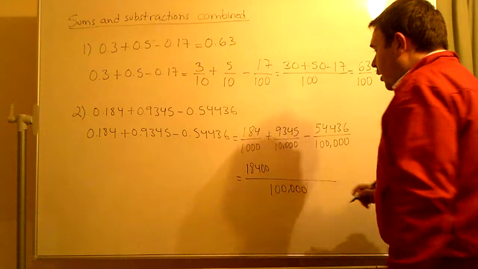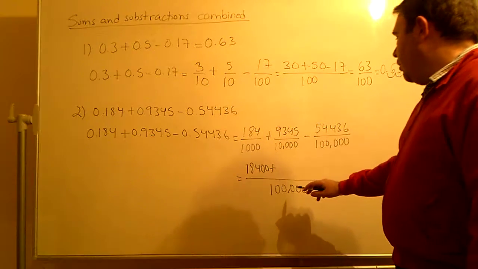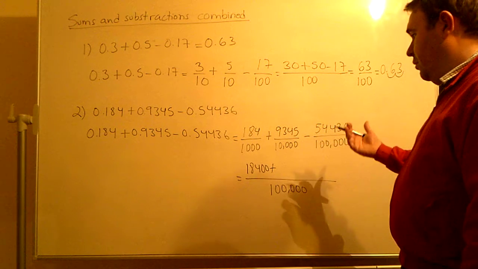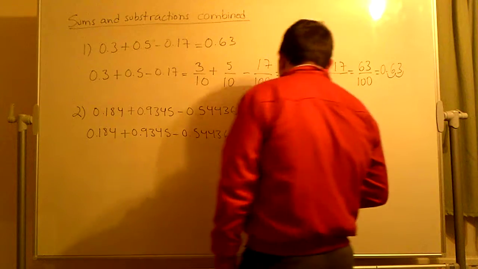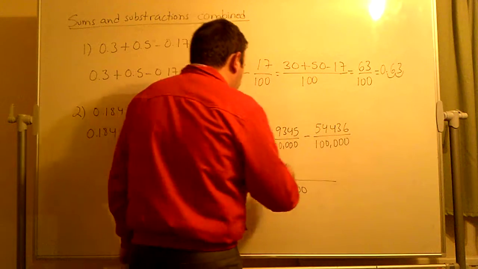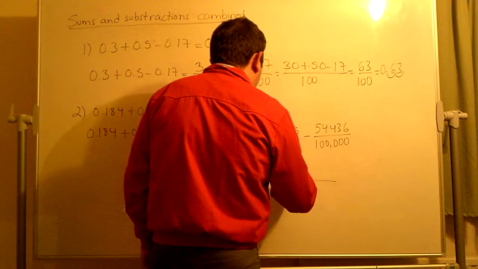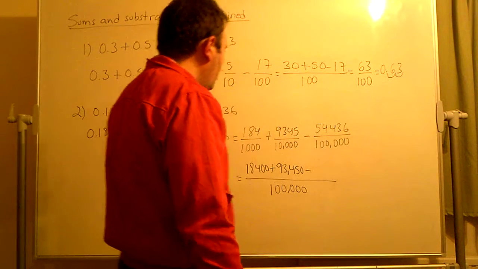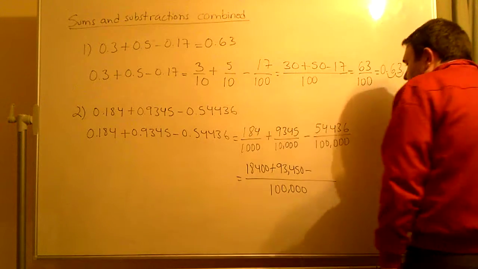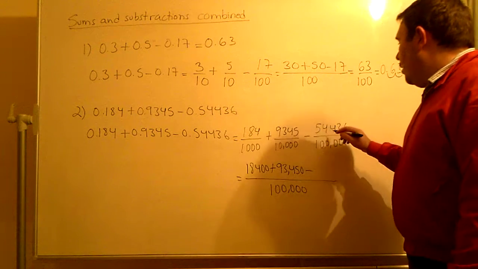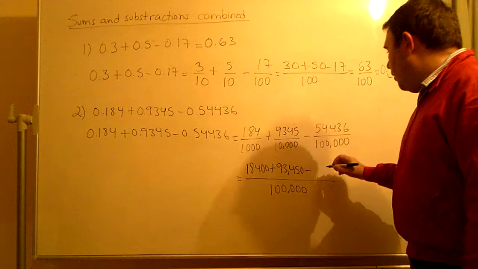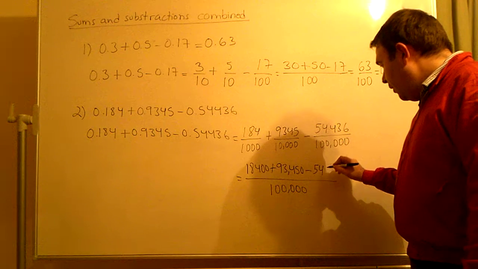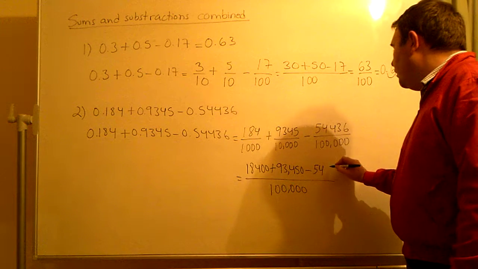18,400, plus now 100,000 divided by 10,000 would be 10 times 9345, which would be 93,450, minus 100,000 divided by 100,000, which would be 1 times 54,436, which would be 54,436.